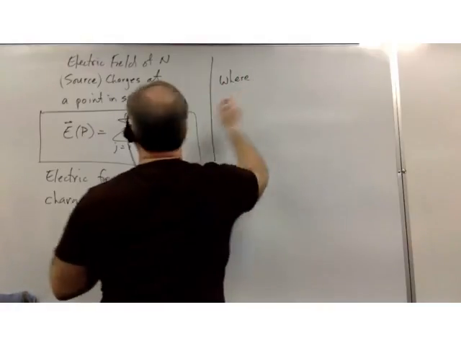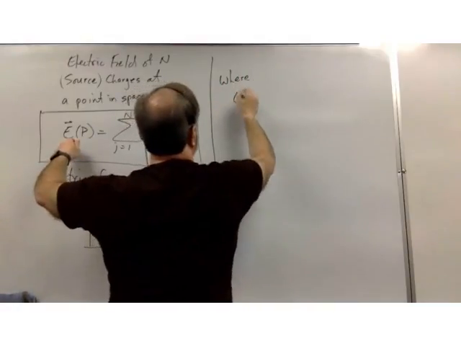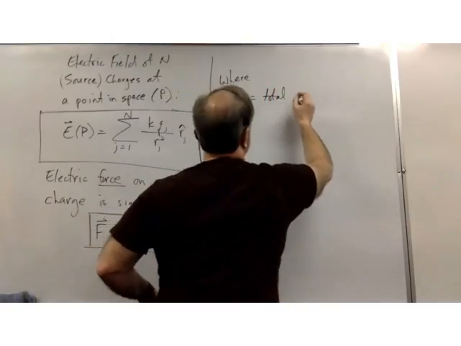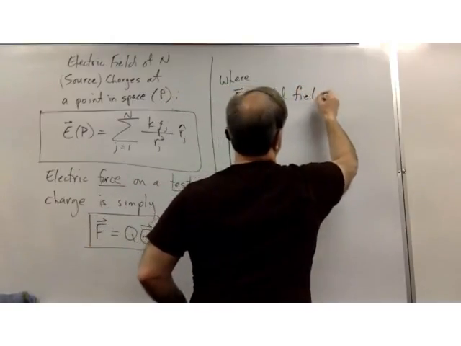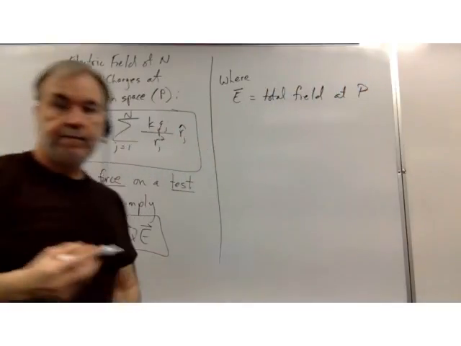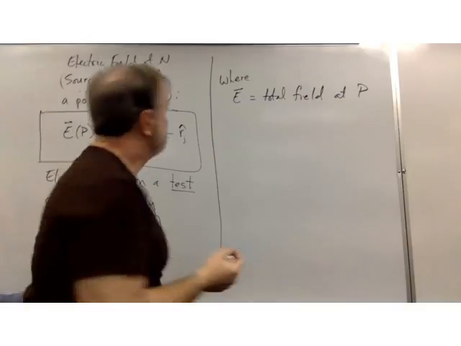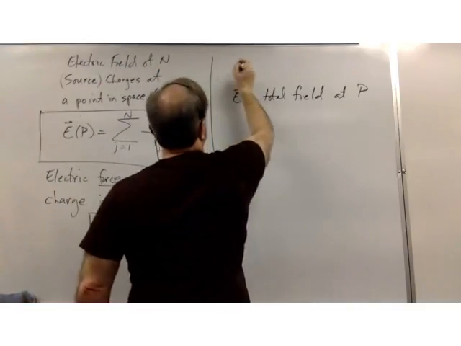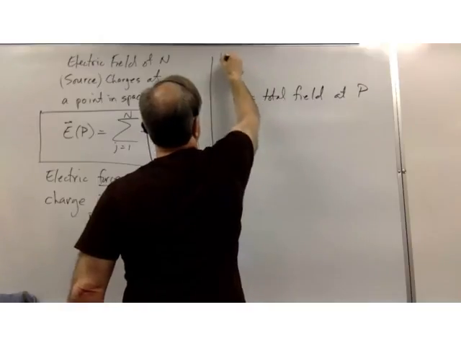So E is the total electric field at the point in space P where we're interested, that we're asked about. Maybe I should say P first.